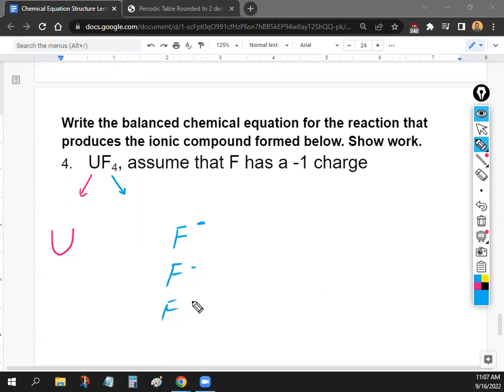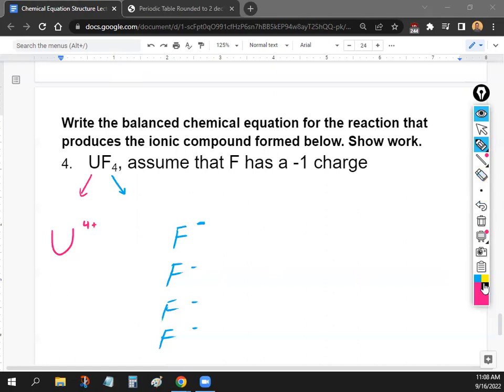So there's 4 of these guys. Okay, and only 1 U. Okay, so if you look at all the negative charge, what does U have to be in order to balance out all 4 of these guys right here? Yeah, +4, right? Because if you notice, F is -1 each. If there's 4 of them, you have a total of -4. And if U has to balance all that out, it needs to be a charge of +4.